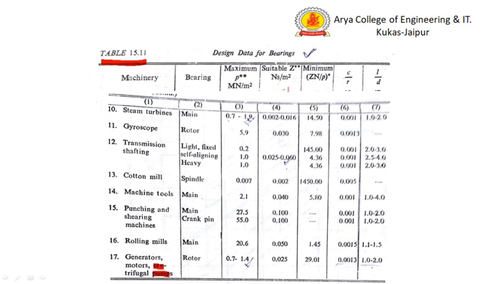This is the value of Z, absolute viscosity, and the value of bearing characteristic number ZN by P. Column number 6 is for C by R, clearance divided by radius of the journal, and column number 7 is the L by D ratio for the various applications. So, for a centrifugal pump, we can use the L by D ratio from 1 to 2.